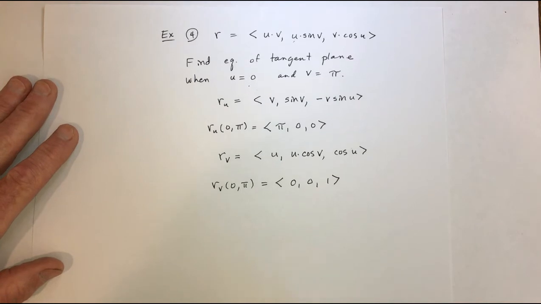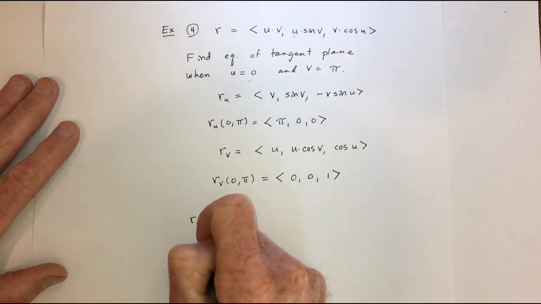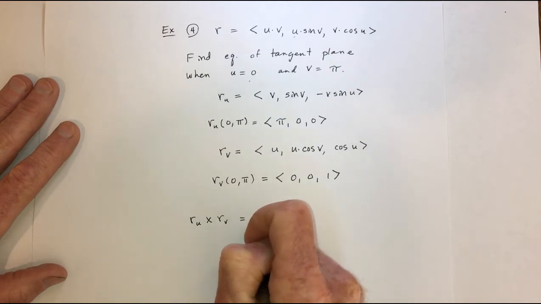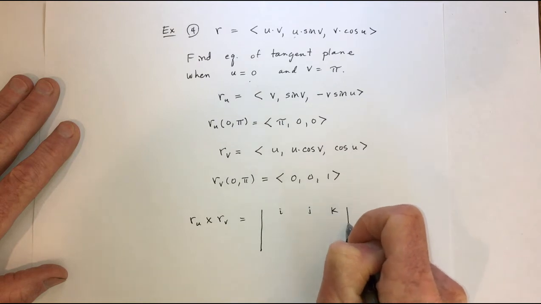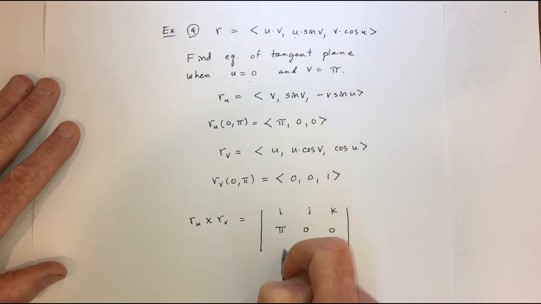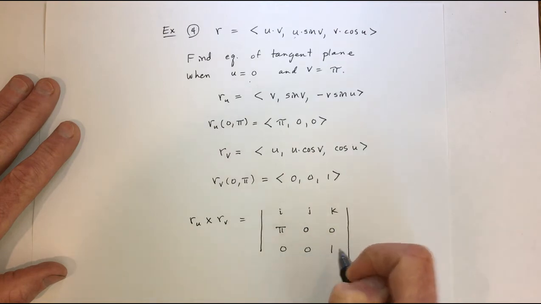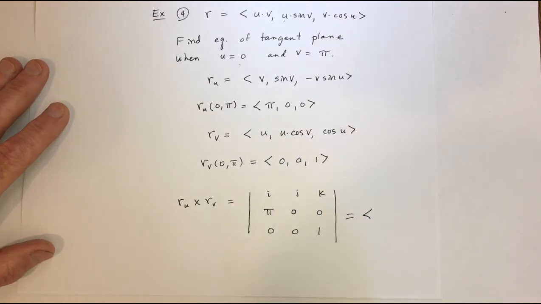And then we need the cross product. So then r_u cross r_v, we've got the i, j, and k, and then pi, 0, 0, and 0, 0, 1. So what is that?